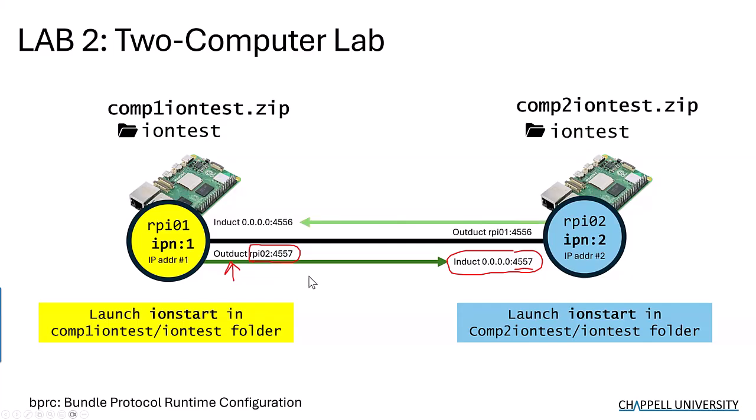So we will have a second TCP connection that is established from the bpecho side, from our node 2. Node 2 will have to be configured with an outduct so that it understands the target is rpi01 on port 4556. We have to have it on a different port number here. And over on rpi01, we have to say we will accept traffic coming in from any host on port 4556.